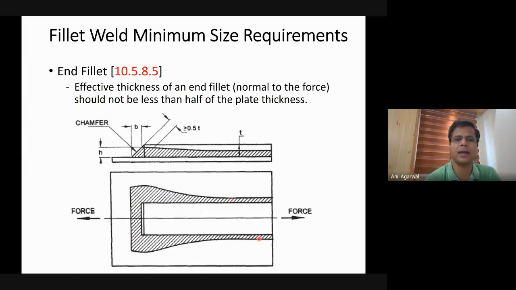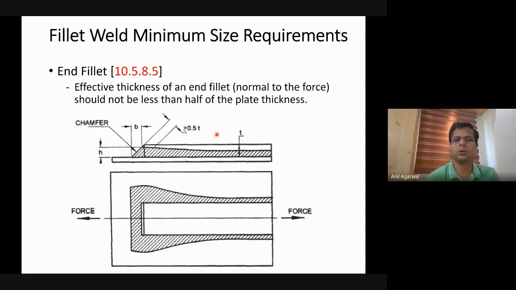Now at the ends, the code requires that the effective thickness of the weld, that is this diagonal dimension, should be greater than or equal to the thickness of the top plate. The thickness of the top plate is T. So the weld effective thickness should not be less than 0.5 times the thickness of the plate.